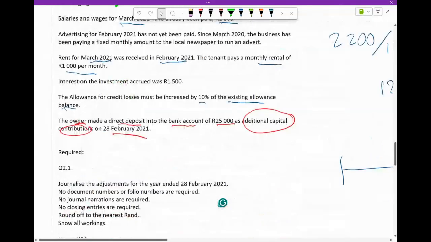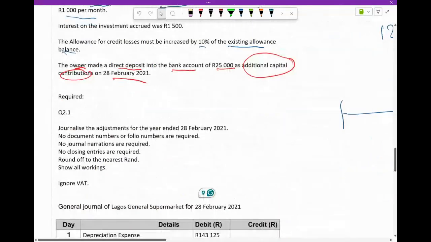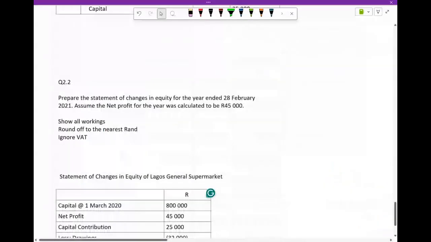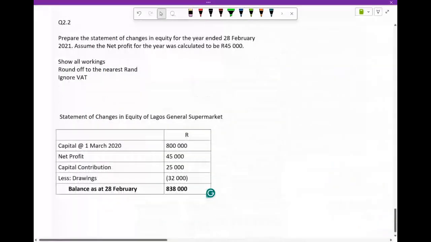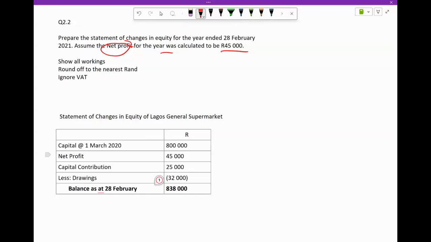And within the question, I think they did say, assume net profit for the year was calculated and was 45,000. So we know to get our new capital balance, we simply say opening balance on capital plus your profit or minus your loss plus any capital contributions. Usually you don't have any, you would have recorded it during the year, and then minus your drawings. And then you get your balance as at 28.